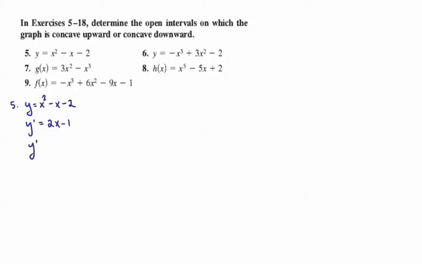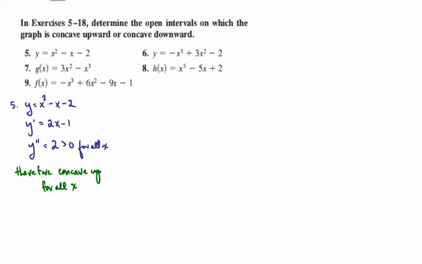Instead, we're going to go right to the second derivative and find that the second derivative is just 2, which is greater than 0 for all x, and therefore concave up for all x. It's that simple. We showed that the second derivative is always positive, therefore the function is always concave up.